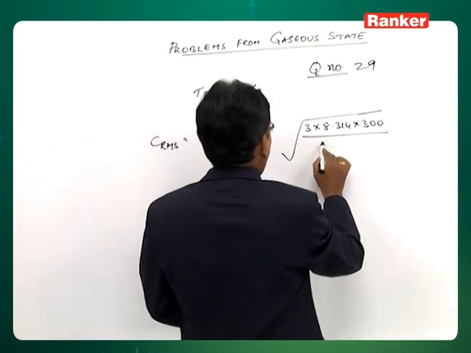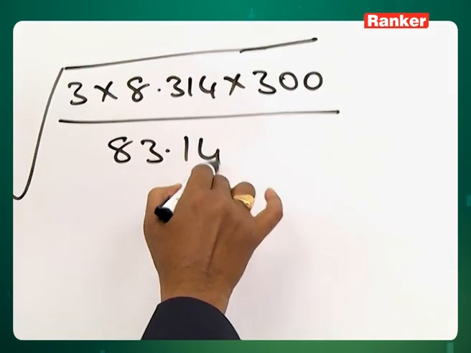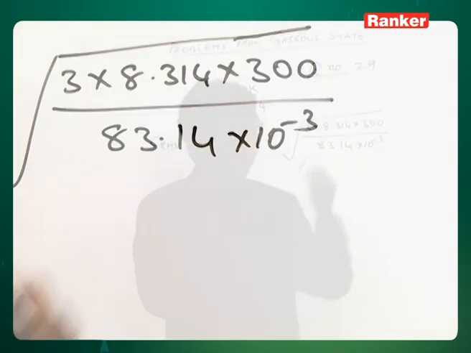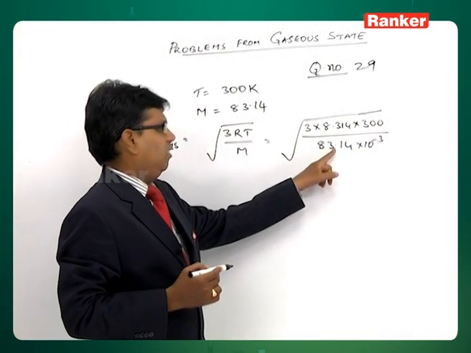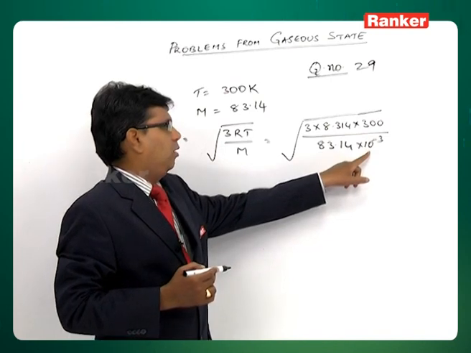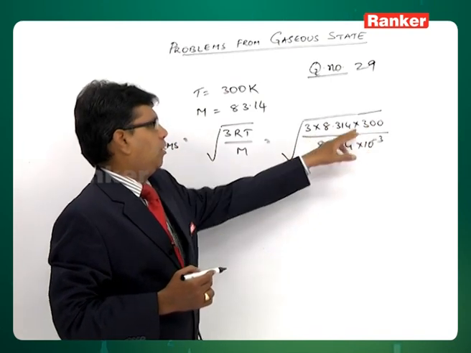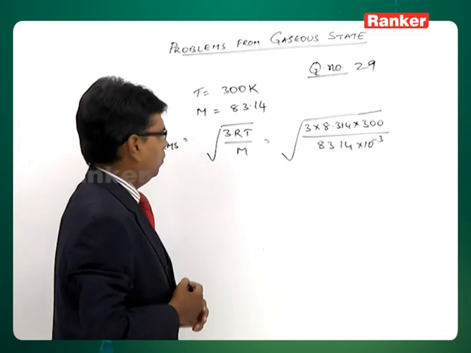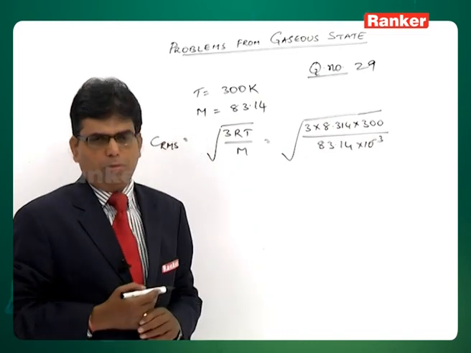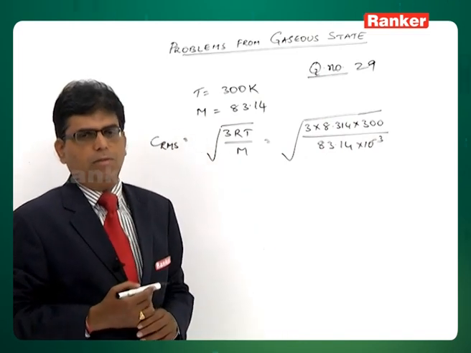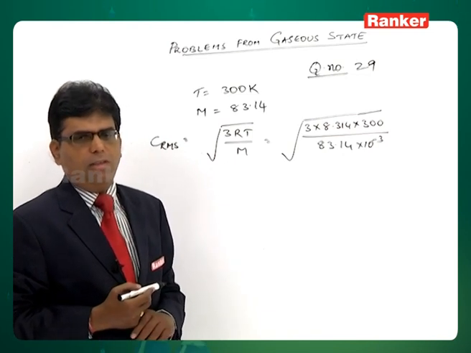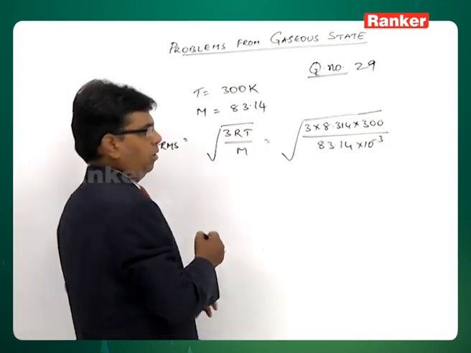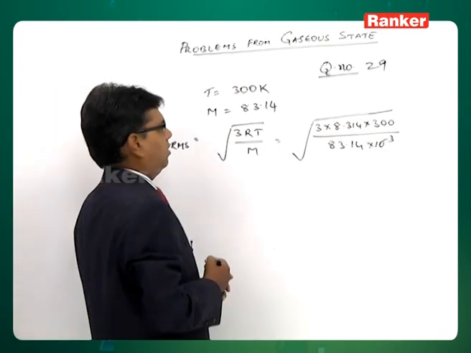So, in kg it is 83.14 into 10 power minus 3. So, this will become 10 power minus 2, and so this will become 3 into 300 into 10 power 2, that is 900 into 10 power 2, 9000. If you convert that to centimeter per second, what you will get is 3 into 10 power 4 centimeter per second.